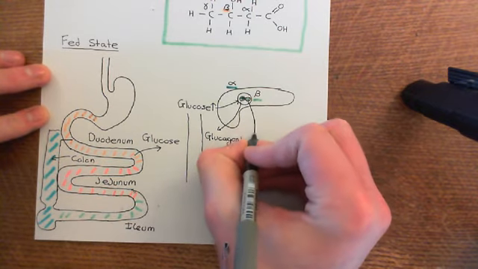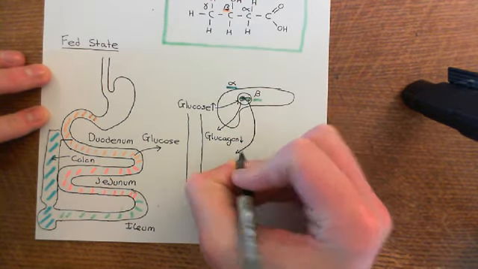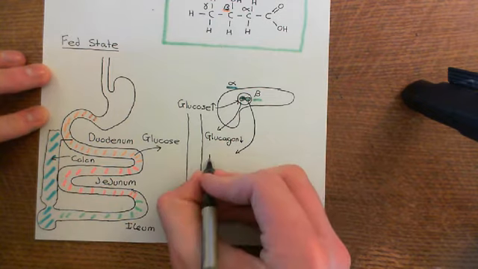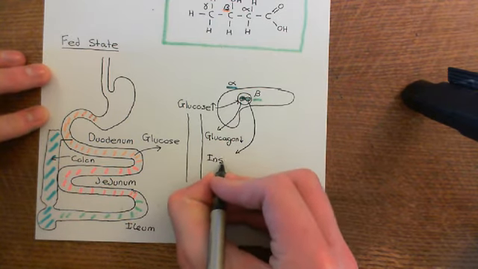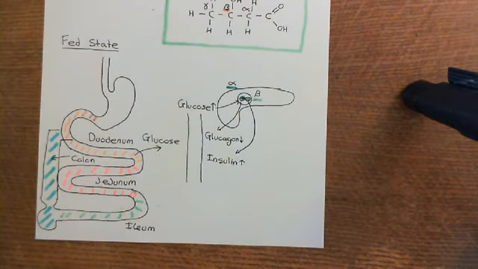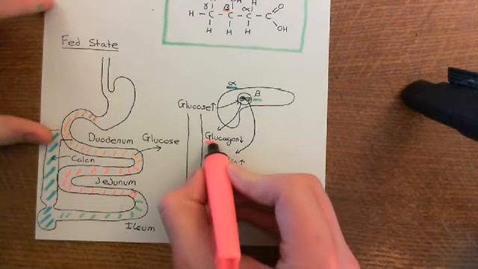What's the effect on insulin release then? The beta cells get activated by the increasing glucose concentration in the blood. So insulin secretion is now going to go hugely up. We've completely turned it around. Before we had high glucagon, low insulin. Now we've got the complete opposite.